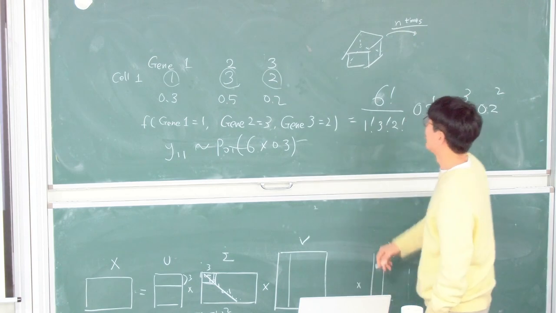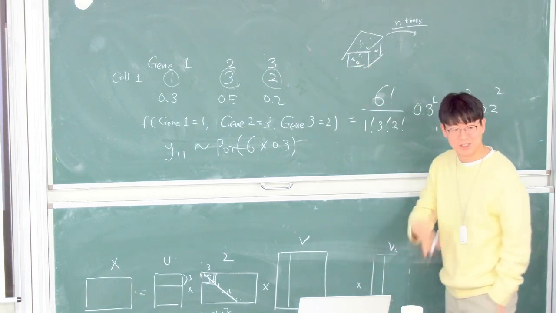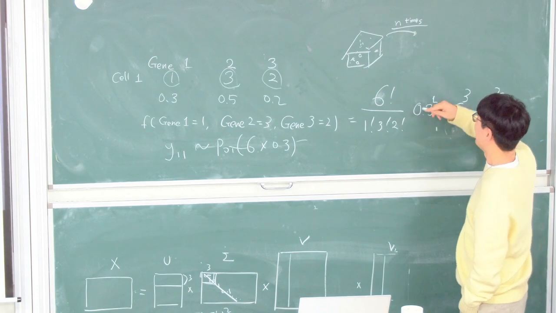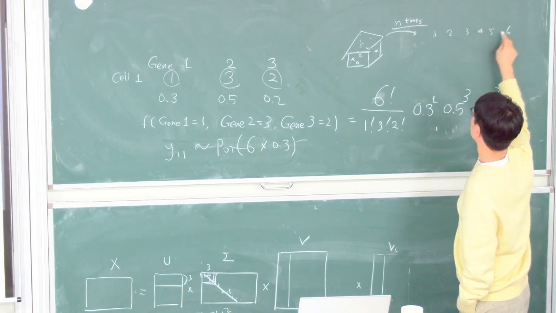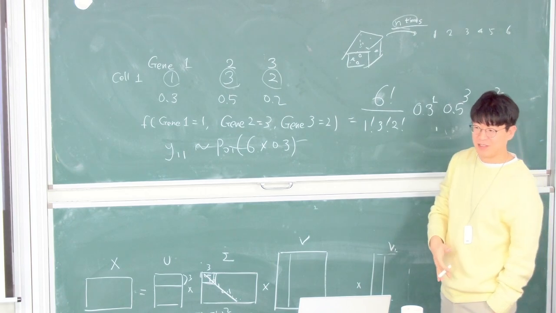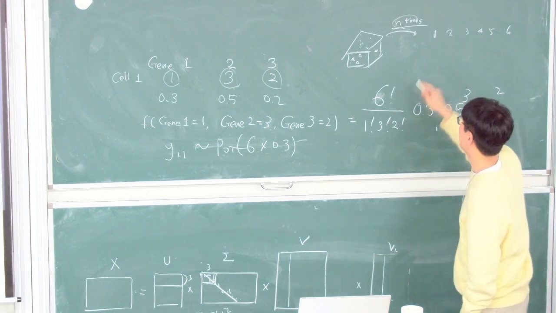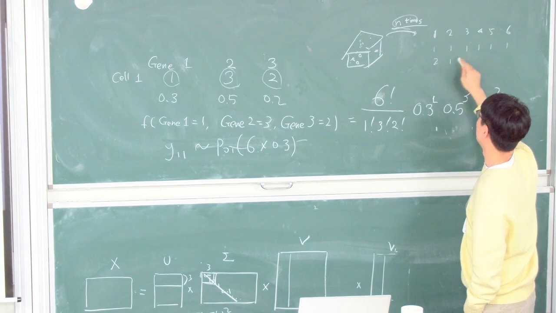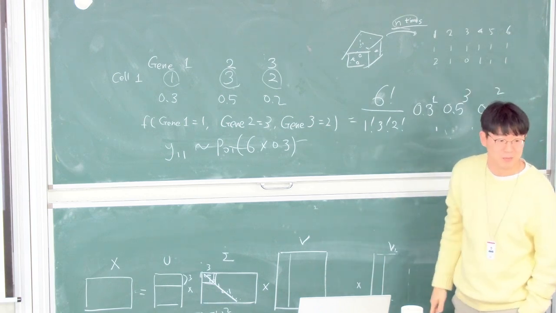Then we have 1, 2, 3. So there are 6 categories, right? If we roll the dice 6 times, then maybe 1, 1, 1, 1, 1, 1, or 2, 1, 0, 1, 1, 1. That kind of thing is possible, right?